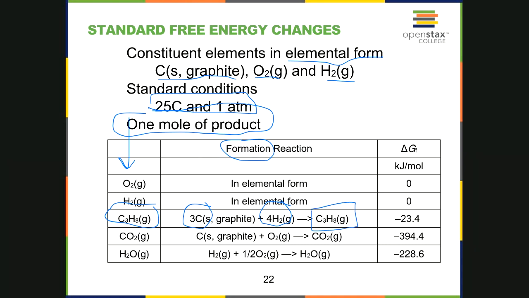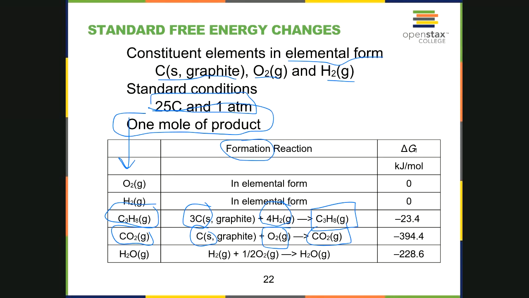Or this next one down here where we're making carbon dioxide. We're making it from carbon solid and oxygen gas. And it works out that you can balance the equation and only have 1 on the product side where the carbon dioxide is. But when we go to making the H2O, that's where it gets to be a little bit of a problem.